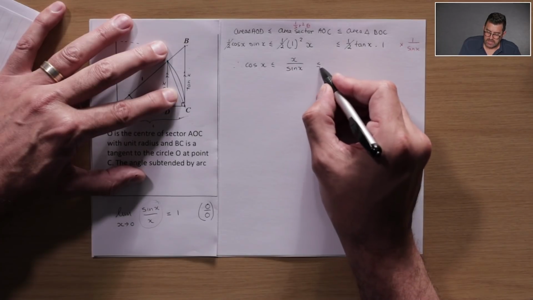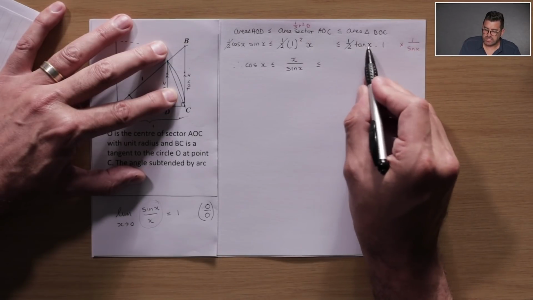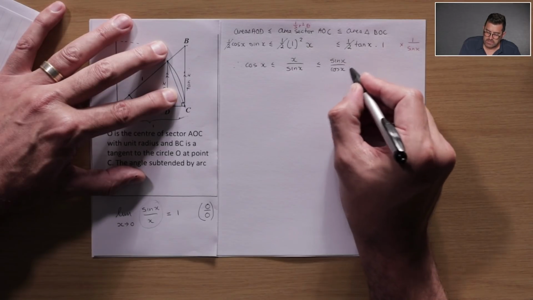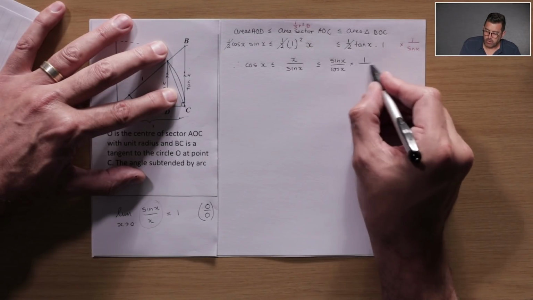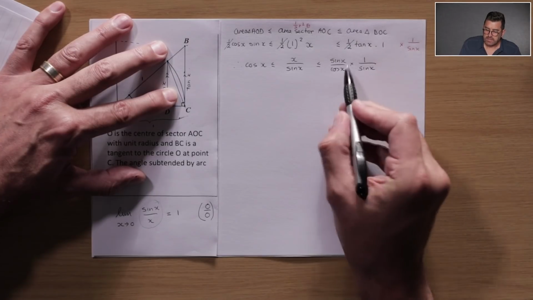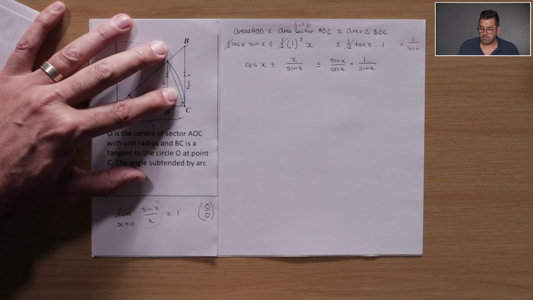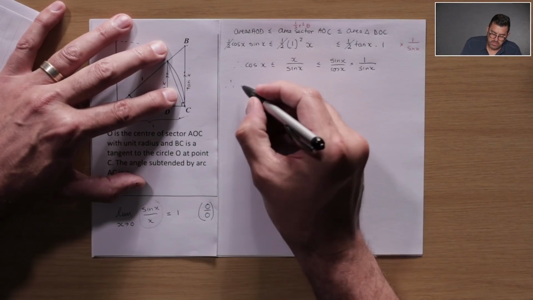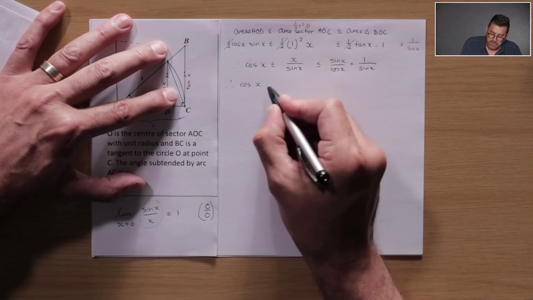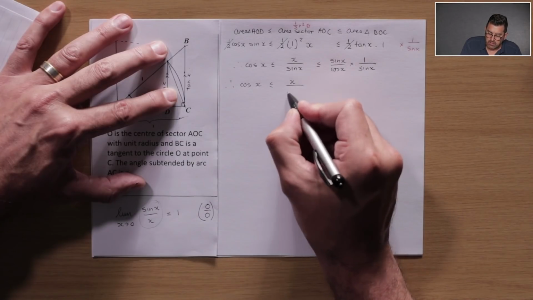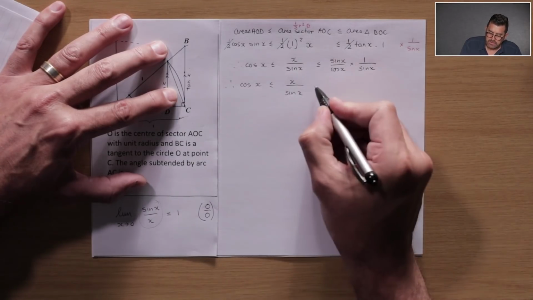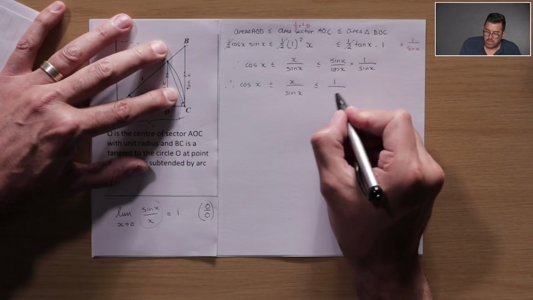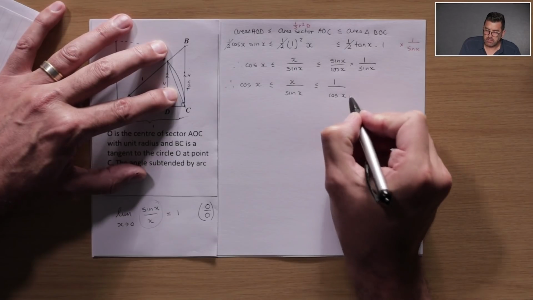And on this side, let's change tan to the sine of x over the cos of x, and I'm multiplying it with 1 over the sine of x. So you can see those two are going to remove one another. So what am I going to be stuck with at this point? I'm going to have cos x smaller than or equal to x over the sine of x, and that in turn is smaller than or equal to 1 over the cosine of x.